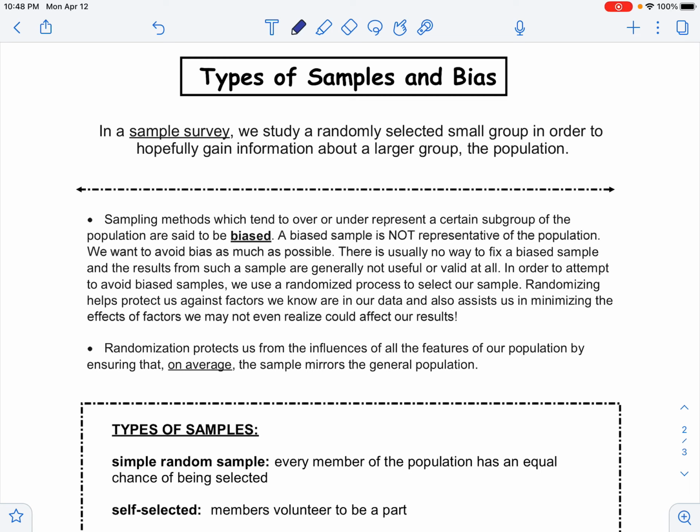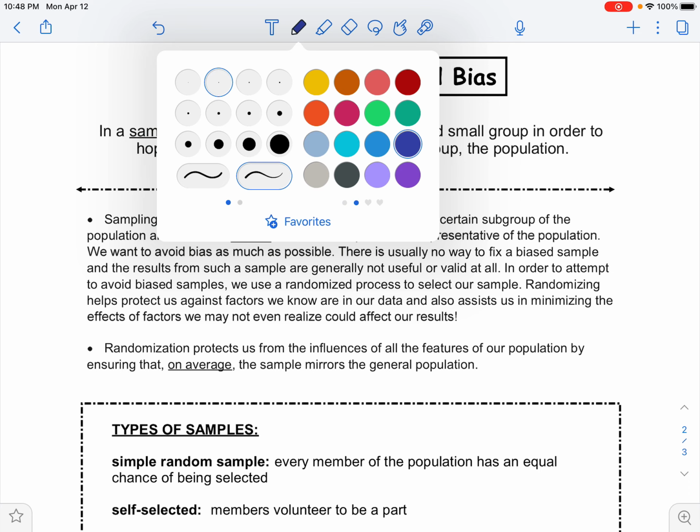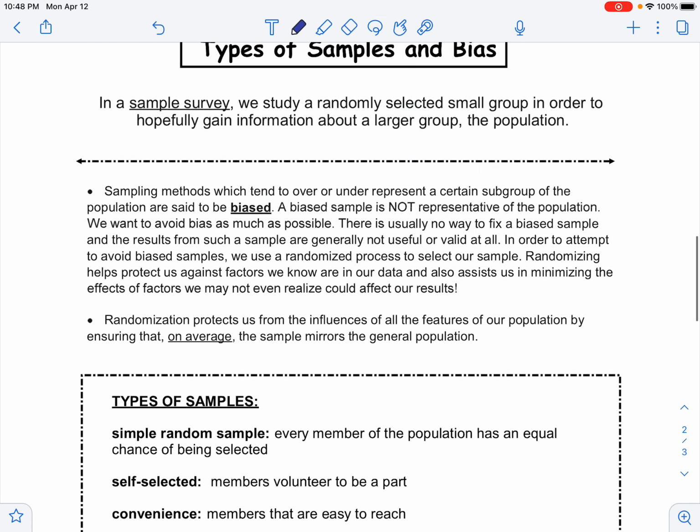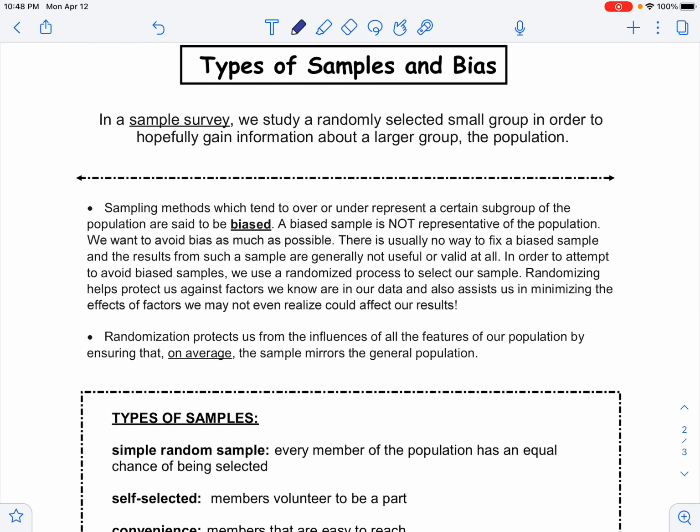All right, so we're going to take a look at types of samples and bias that can occur. When we talk about a sample, remember, you have your population, which is everybody that you want to get some data about. It makes more sense that you would find a sample because sometimes you can't possibly talk to the whole population.